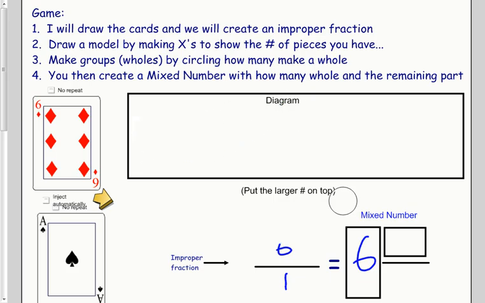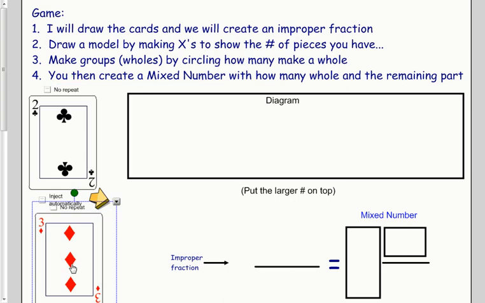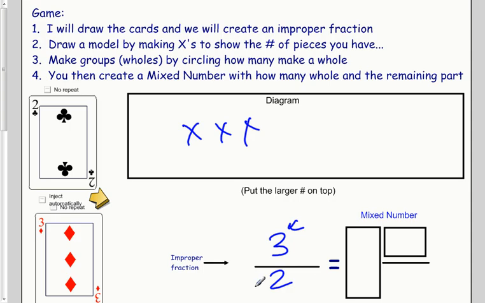Let me model a couple more for you. And if you want to just go ahead and watch right now, that would be fine. You'll do this later. All right, so we have 3 and 2. So let's put the larger number on top. Our improper fraction's 3 halves. The 3 tells us how many pieces of pie we have. So we're just going to make an X for each piece of pie. The bottom number tells us how many pieces it takes to make one whole pie.